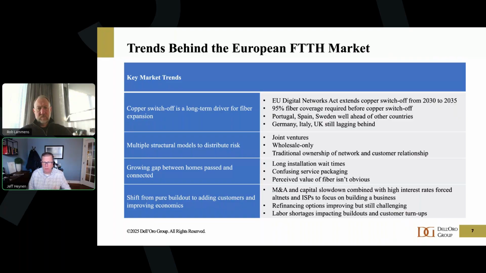And so because of that, operators are now shifting from just a pure build-out phase to really focusing on adding customers, converting those homes passed into homes connected. And of course, they're doing that in a more challenging capital environment. There was a lot of M&A activity prior, and now we're seeing that slowed down.